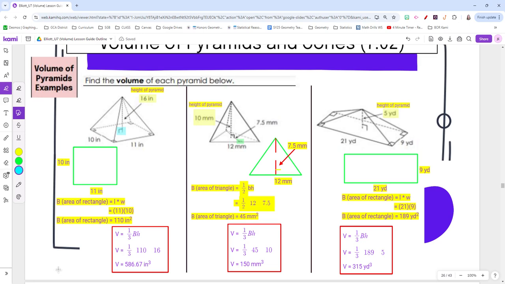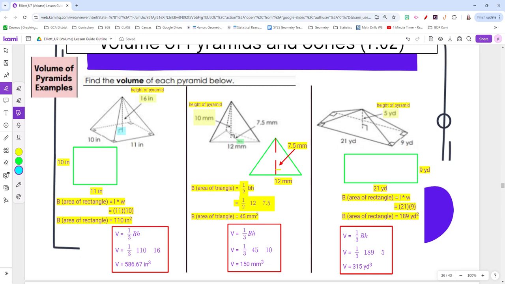From there, I just simply need to insert my numbers into the formula, 1/3 big B times H, where big B stands for the area of the rectangle that we calculated. So 1/3 times 110 times 16 for the height of the pyramid gives me 586.67 inches cubed.